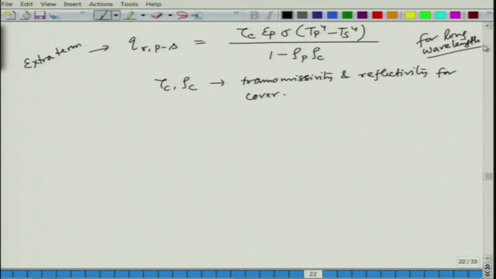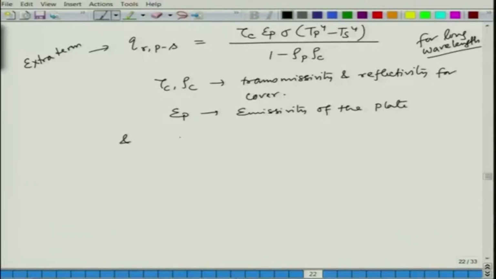We know that transmissivity, reflectivity, all these values are a function of the spectrum or wavelength of the radiation that is going through. And this E p is the emissivity of the plate. Earlier there was no term which connects the plate temperature T p and the sky temperature T s, but now we get this new term if we consider a partially transparent cover system.